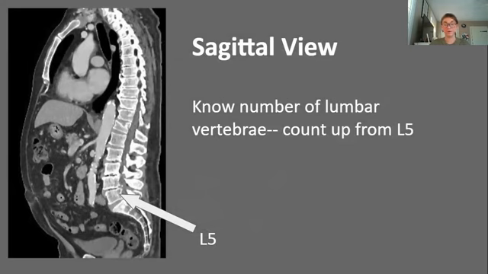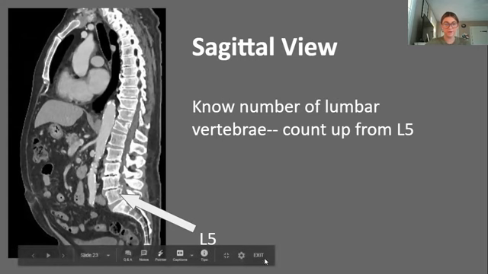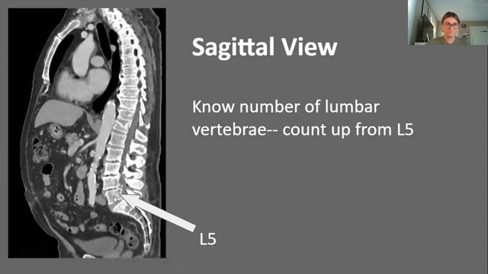And then regarding other views than the axial view, this is the sagittal view of the patient. We use the sagittal view to orient ourselves with the patient's spine. So specifically how we do this is we find the sacral region of the spine here, and then right above it is going to be the fifth lumbar vertebra, L5.